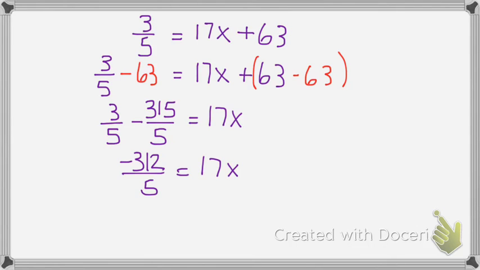And now we'll multiply by 1 over 17. Now notice I'm choosing to multiply by the fraction rather than divide by the whole number, just because I've got another fraction over here.